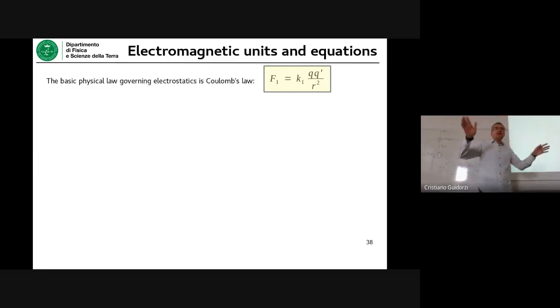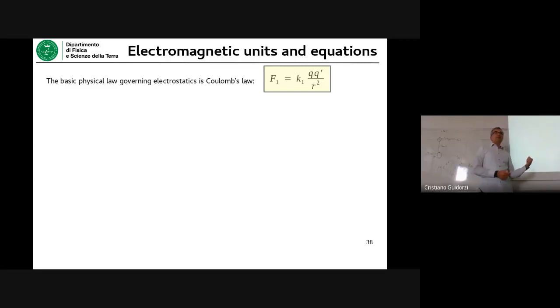So let's start from the basic law of electrostatics, which is Coulomb's law. You know the scaling, you know everything about that. I'm not going to comment except for the fact that you can put a constant, which we call K1, which automatically is a function of your choice. You know very well that in the international system, this is 1 over 4 pi epsilon 0. Why that? Because you already made the choice of the current unit.